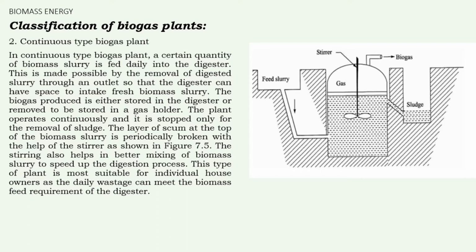You can just go through the sketch here. This type of plant is most suitable for individual houses, as the daily wastage can meet the biomass feed requirement for the digester. So in most houses, they go for the continuous feed type of biogas plant.